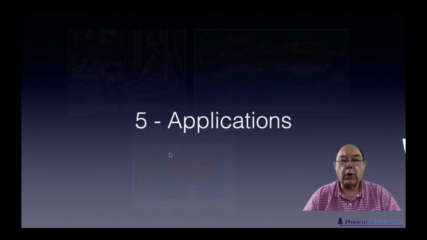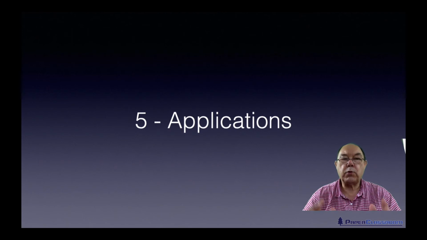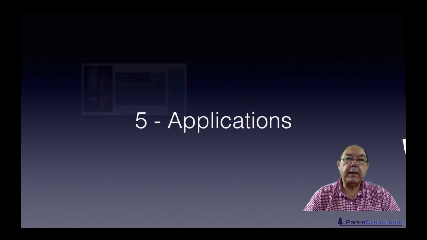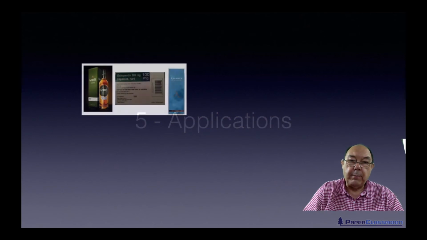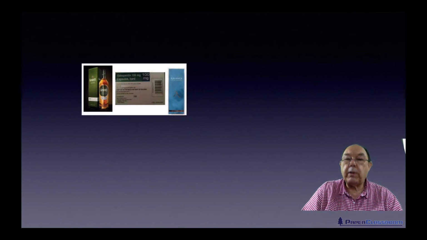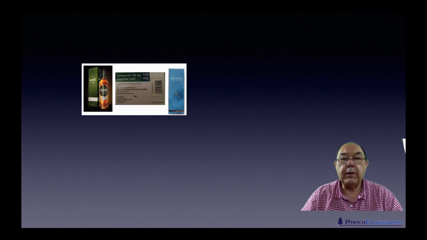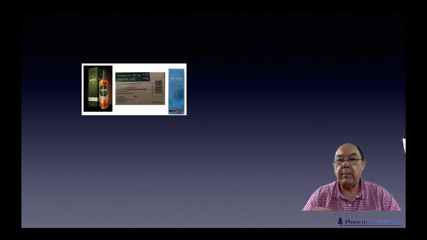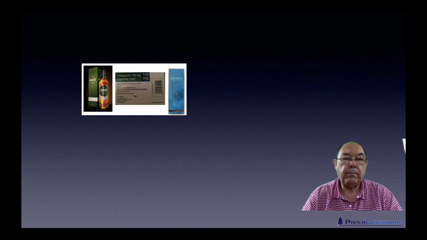Finally, we need to talk about the applications. What do we use paper for? As I said in the beginning, the main use of paper was for recording everything that had gone on at court, and maybe letter writing, so to transfer information or to transmit information.